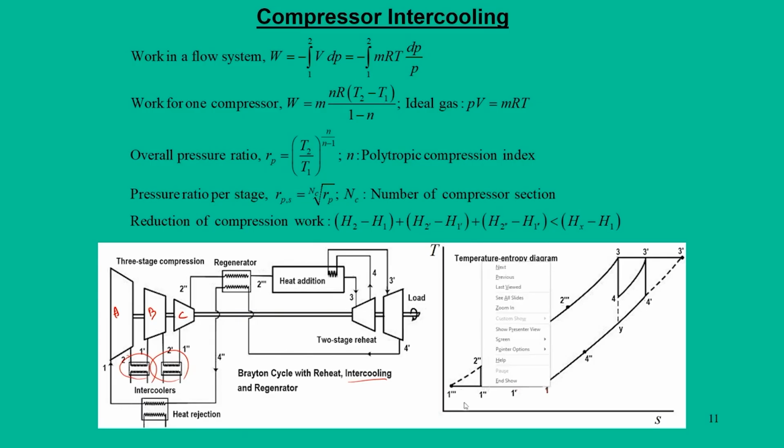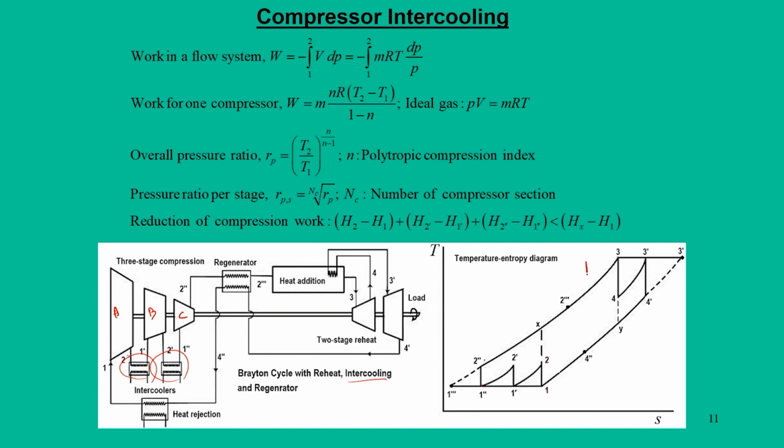Through this process we are doing these compressions at lower temperatures. You can imagine this to be an infinite number of stages, which is not possible in a realistic way, but 3 stage or 4 stage are conventionally achieved. Through this process we are actually reducing the compression work and the cycle approaches an isothermal cycle.